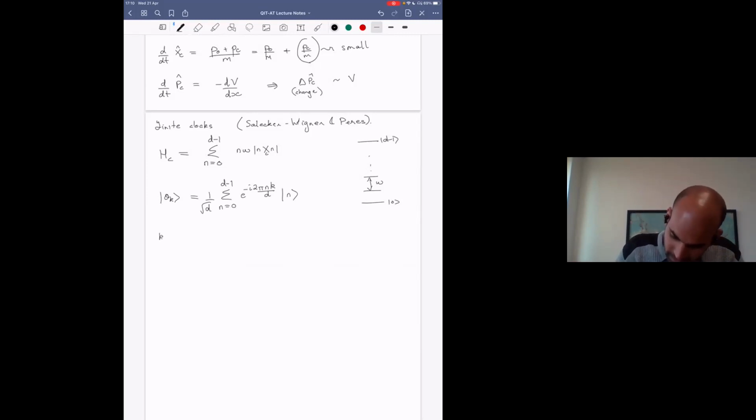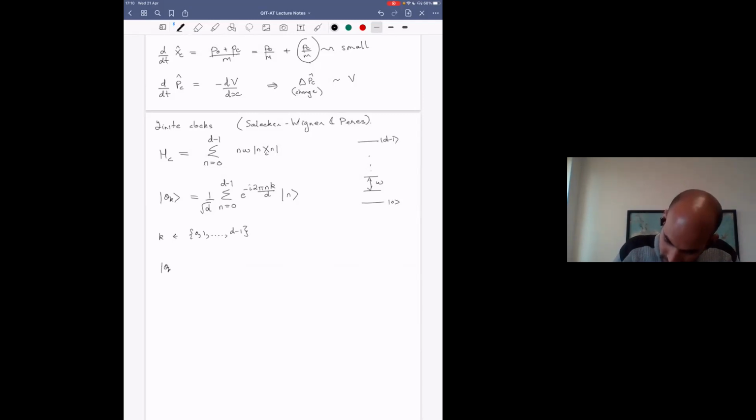Okay, and for k, there are two ways I can consider this. One is to say that k lies in the range 0, 1, so on until d minus 1. The reason I would do this is because if I add d to k, I will get the same thing.